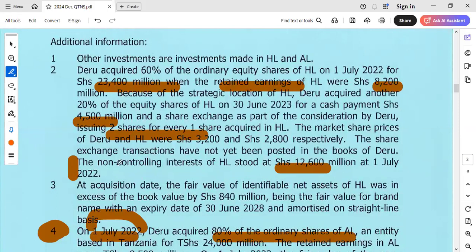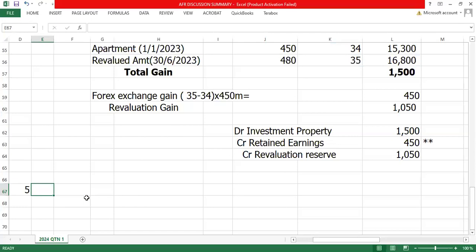Let's first deal with the share exchange transaction. How do you deal with share exchange? Note number 5. I am looking at the share exchange transaction.